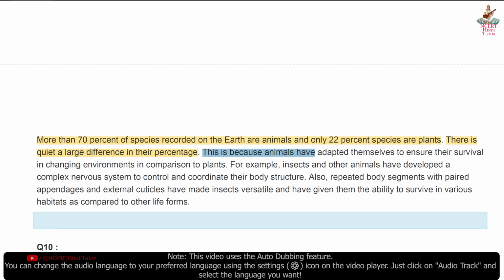This is because animals have adapted themselves to ensure their survival in changing environments in comparison to plants. For example, insects and other animals have developed a complex nervous system to control and coordinate their body structure. Also, repeated body segments with paired appendages and external cuticles have made insects versatile and have given them the ability to survive in various habitats as compared to other life forms.